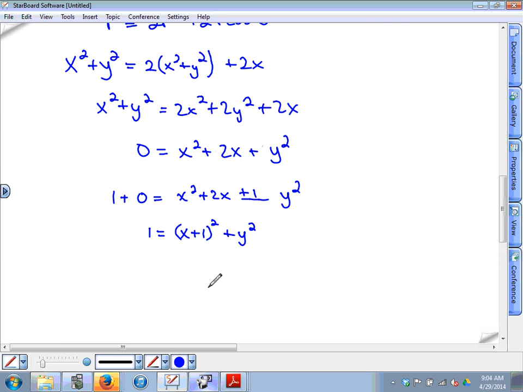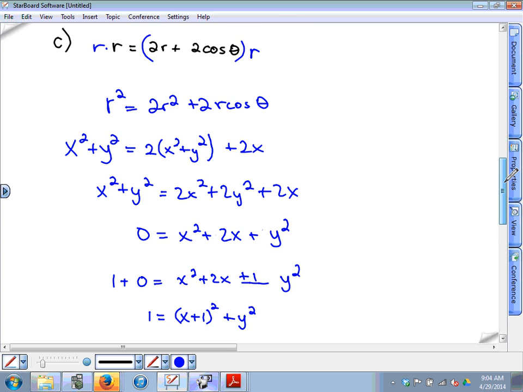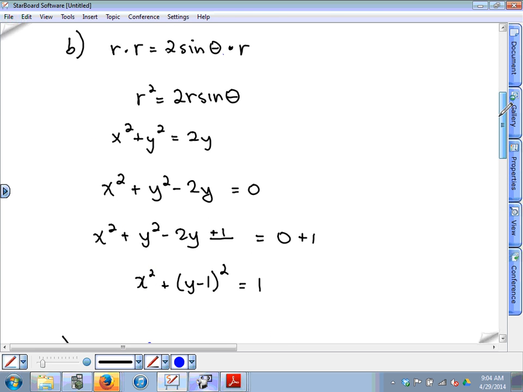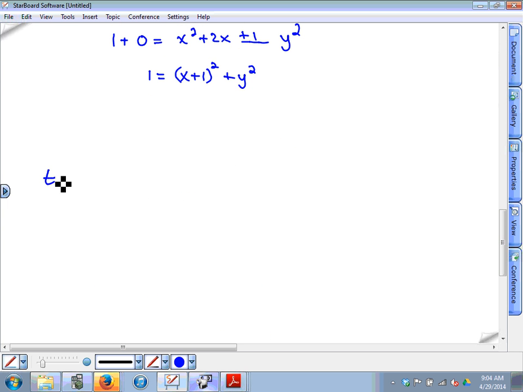Let's just do one more quick example before the bell rings of going the other direction. We've been going from polar to rectangular. Let's go from rectangular to polar. This will be example 5, last one here.